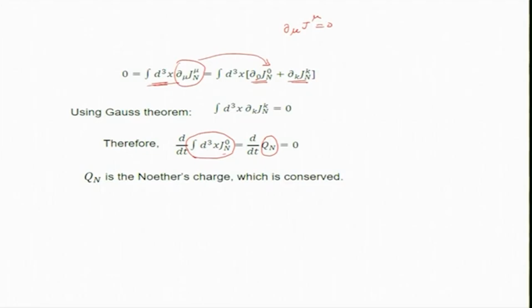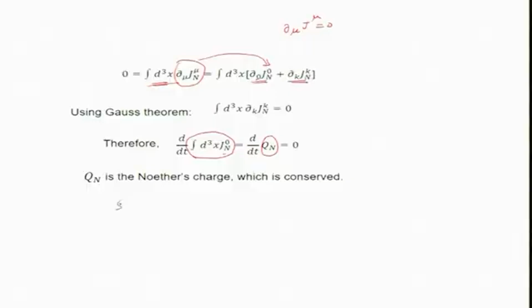So let me just make this comment. Delta L will not be 0 for an arbitrary change in phi. Under some symmetry delta L will become 0. So if I change phi in an arbitrary way I will not get delta L to be 0. For some symmetry operation delta L will be 0, that will imply, so let me write this, a symmetric variation of delta phi will lead to delta L being 0, and this will imply some charge conservation, some quantity will be conserved.